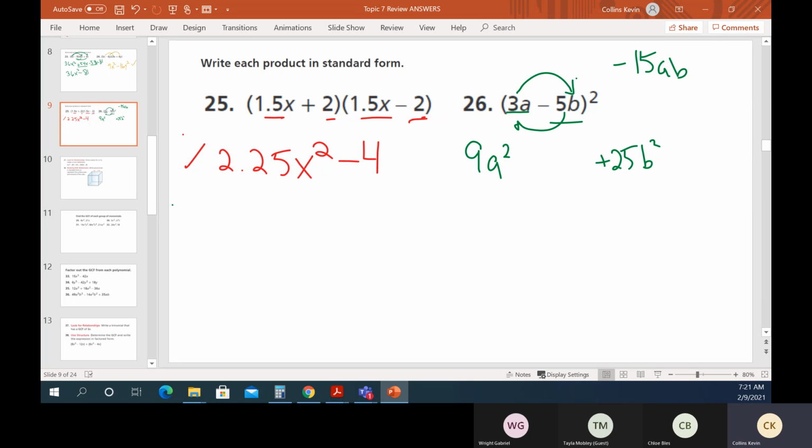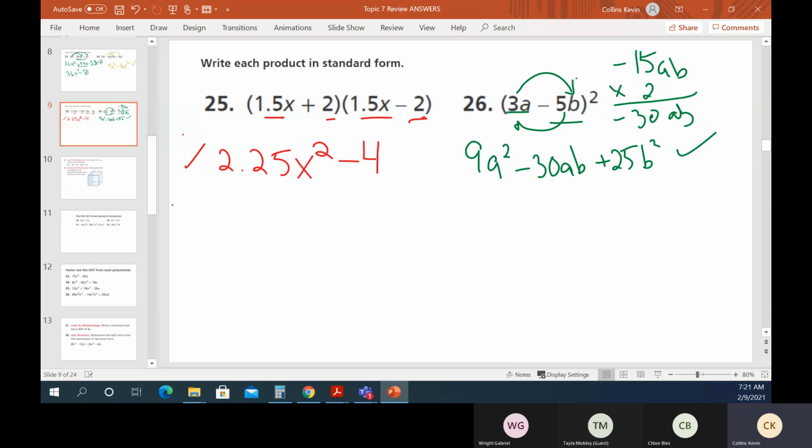You go this direction, it's going to happen again. So you can either say I'm going to multiply by 2, or I'm just going to write minus 15AB and add them together. Either way works. So this time we'll multiply, just for the heck of it, right? So negative 15 times 2 is negative 30 AB. And I'm just doing this to show you. After a while, you just get used to it, and you say, okay, so this will be minus 30 AB. And that's our guy.